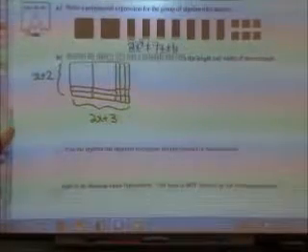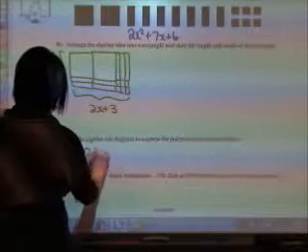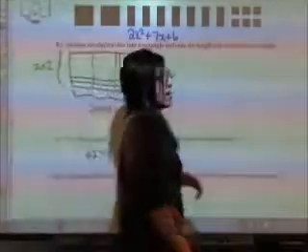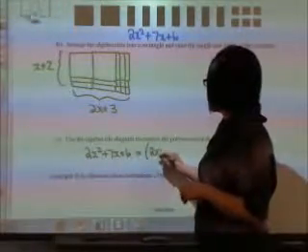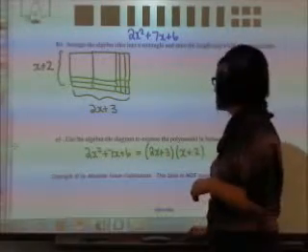So if I was to use this diagram to express my polynomial of 2x squared plus 7x plus 6 in factored form, I would have 2x plus 3 times x plus 2.